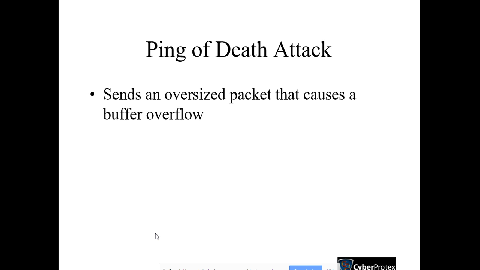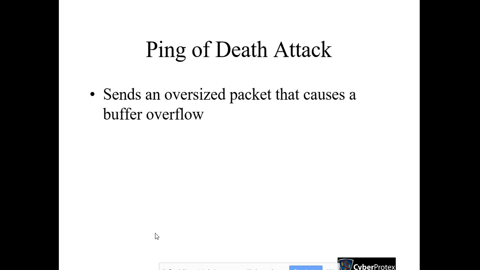Instead of going to the command prompt and typing PING and then the IP address, you can use a few different tools out there to craft a ping message and then send that off to a particular IP address.